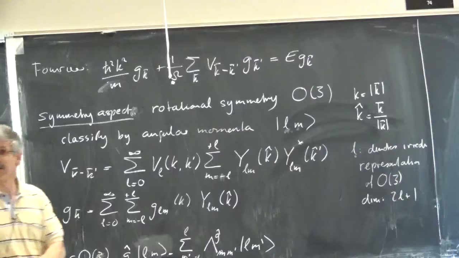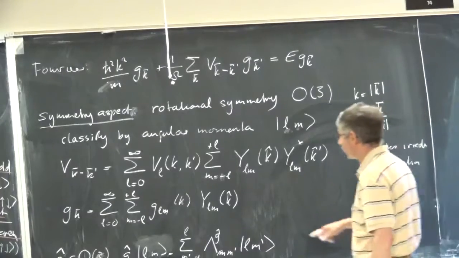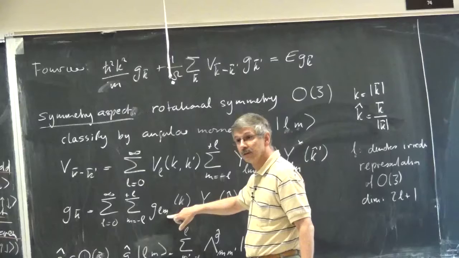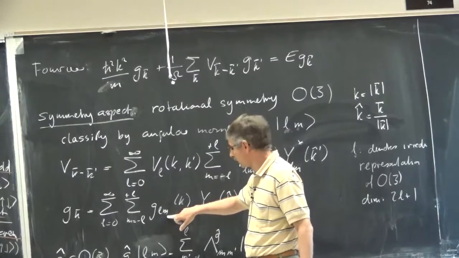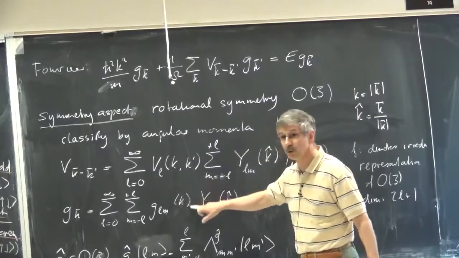Now I have to solve this problem somewhere, and for this purpose I have to quickly clean up. Sorry, just one question here. In your G_k, is your G_Lm dependent? The second last line. This one? This is m dependent. But it only depends on the norm of k, because the angular dependence is all grabbed here.